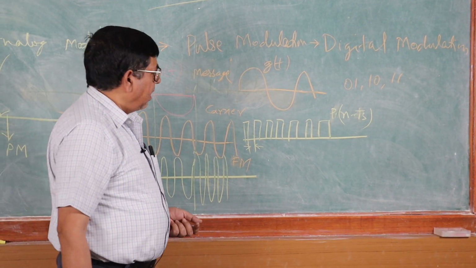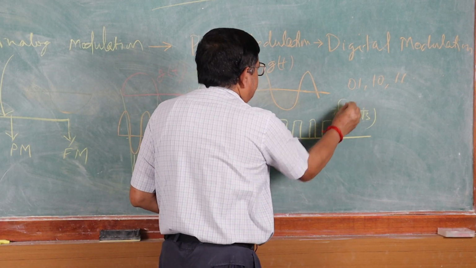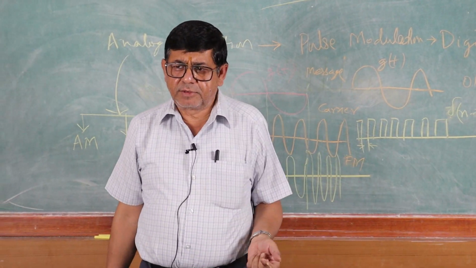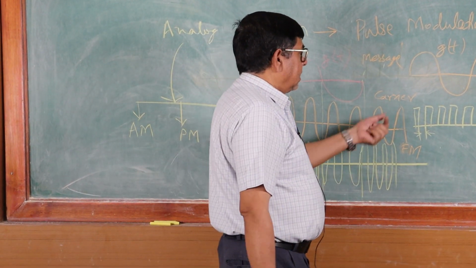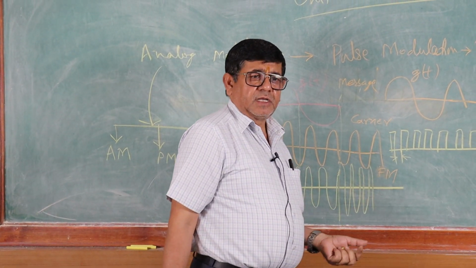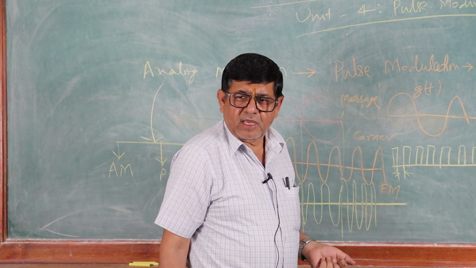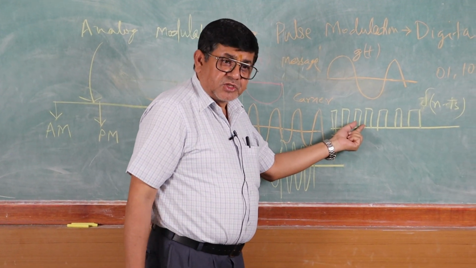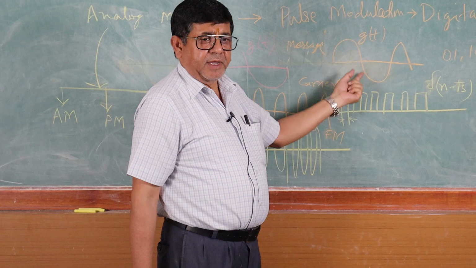Or you can write delta also if we take the impulse function, but normally we take the pulse function. Then we get, as per the modulation technique, suppose we are going to do pulse amplitude modulation, the amplitude of the pulse train will vary as per the message signal.